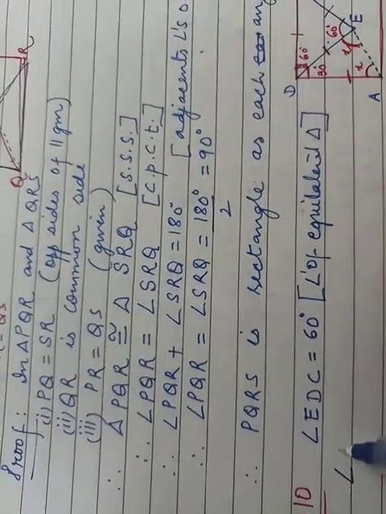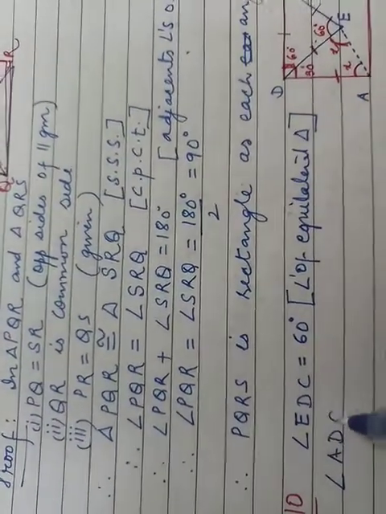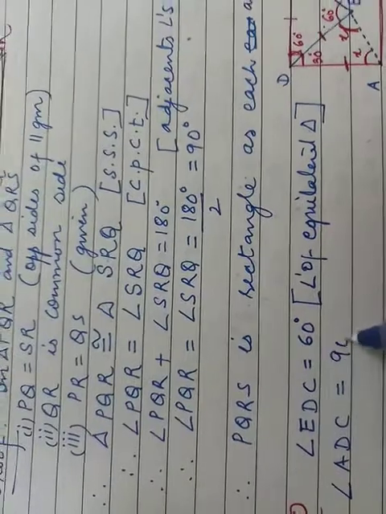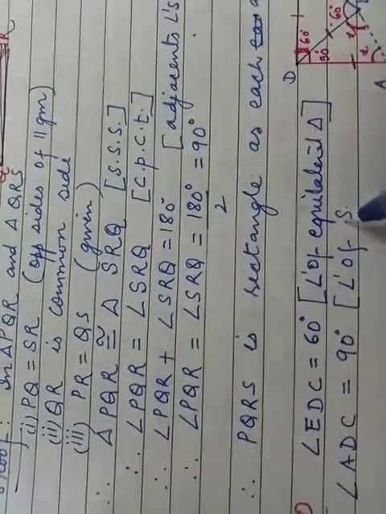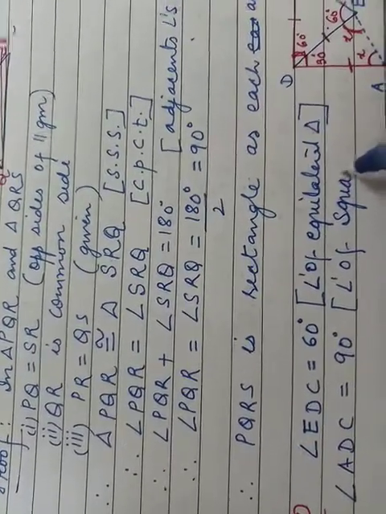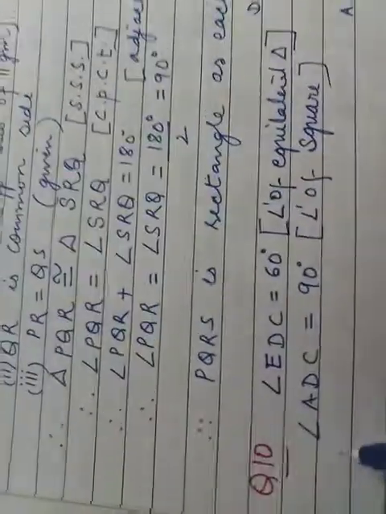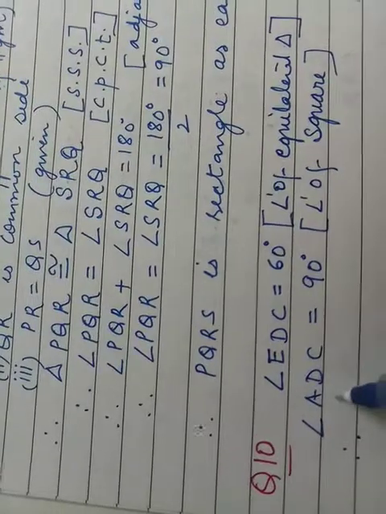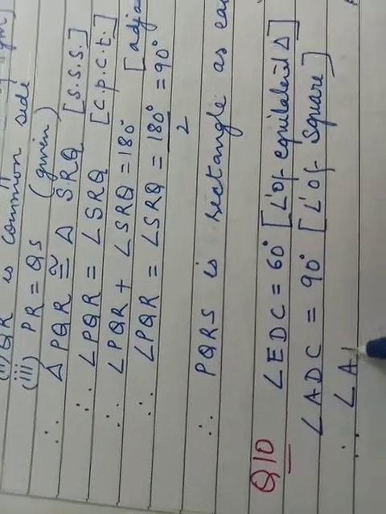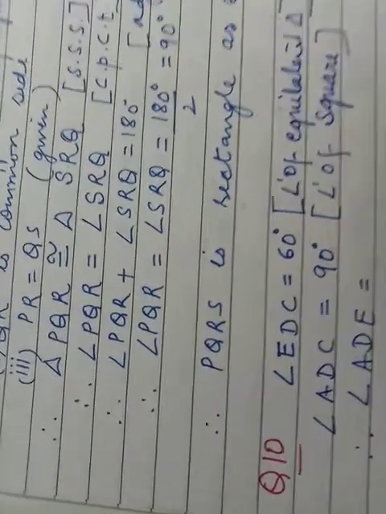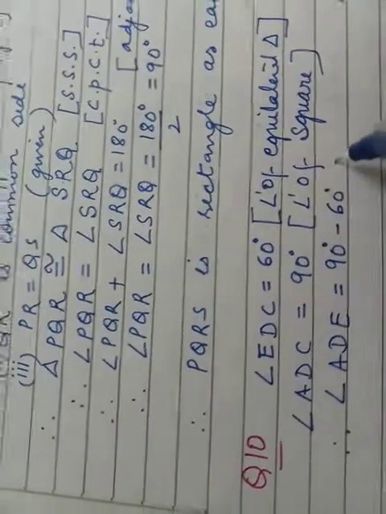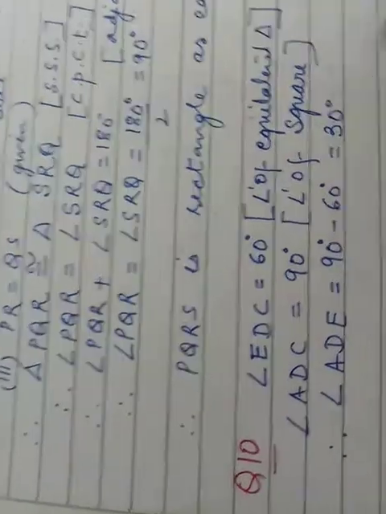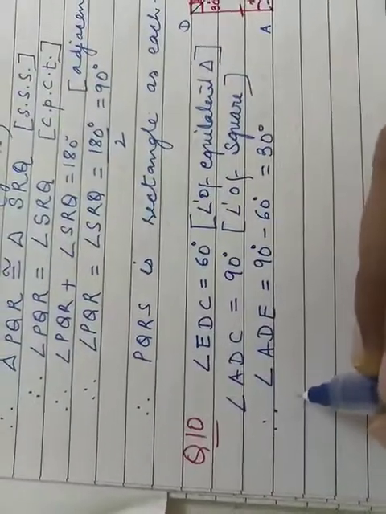Angle ADC is equal to 90 degree, angle of square. Therefore, angle ADE is equal to 90 minus 60. That becomes 30 degree. Now which triangle am I going to consider?